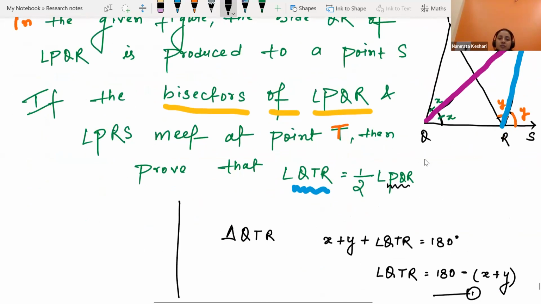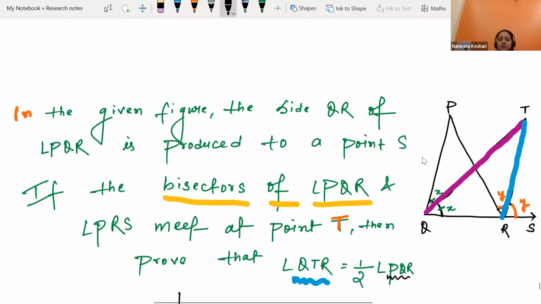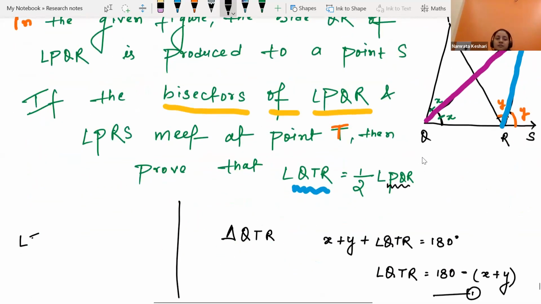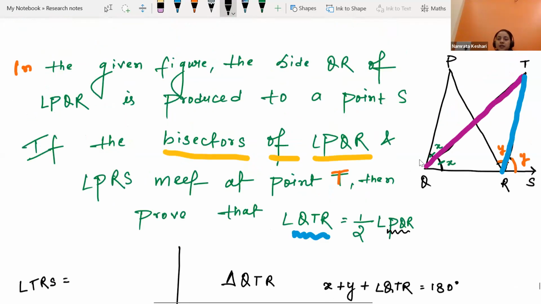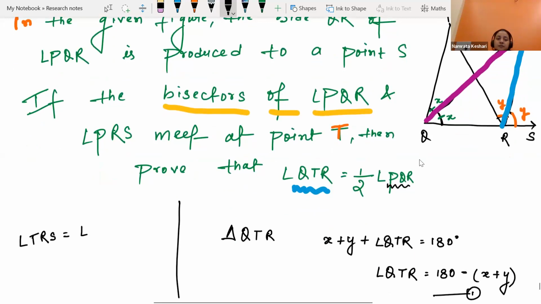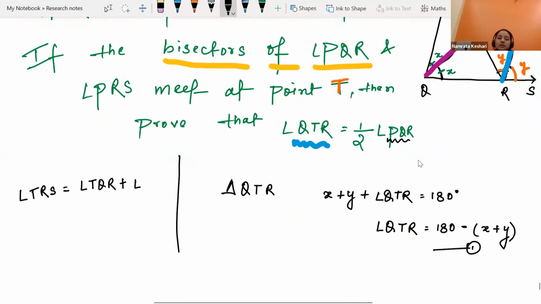Let me check whether that is working or not. Angle TRS is equal to angle TQR plus angle QTR.